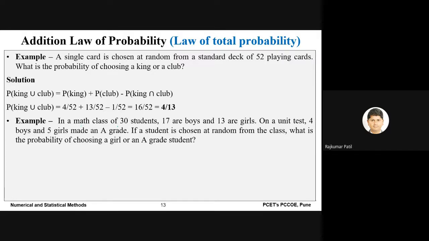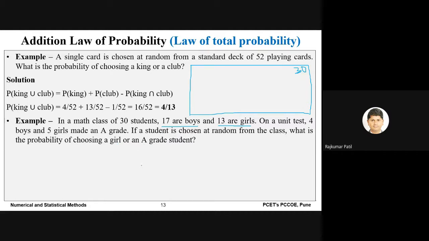In a math class of 30 students, so in this particular example, total number of students are 30. Let's say this is the space for this example, out of which 17 are boys and 13 are girls. On a unit test, 4 boys and 5 girls made A grade. If a student is chosen at random from the class, what is the probability of choosing a girl or an A grade student?